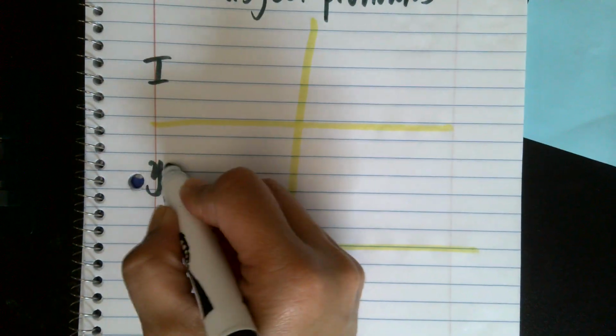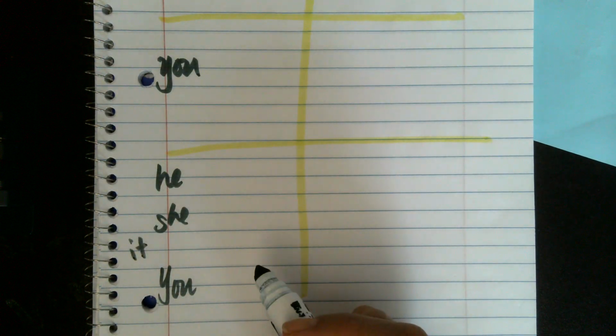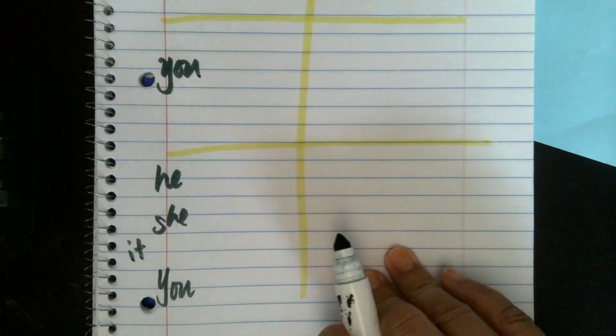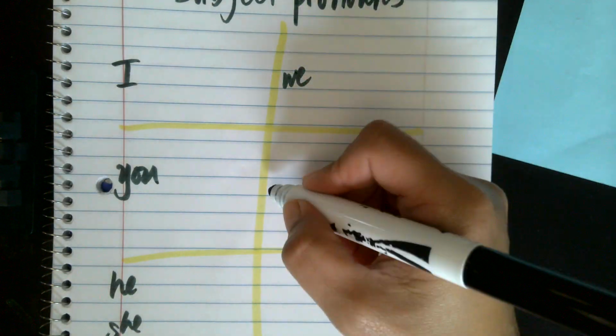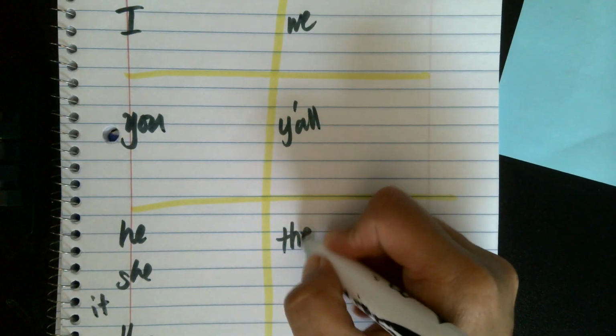So the subject pronouns are I in English, you in English, he, she, there's a word it also somewhere. And then I'm going to go ahead and plug in another word, which is you. It'll make sense later on. The next one is going to be the word we, y'all, and the word they.